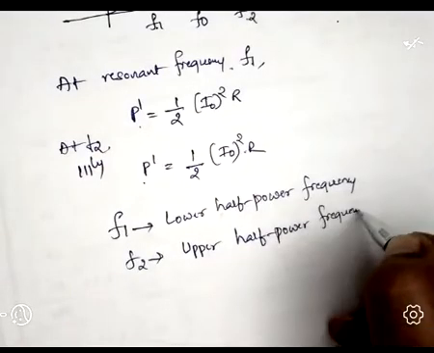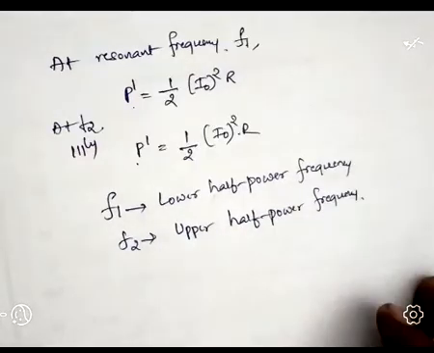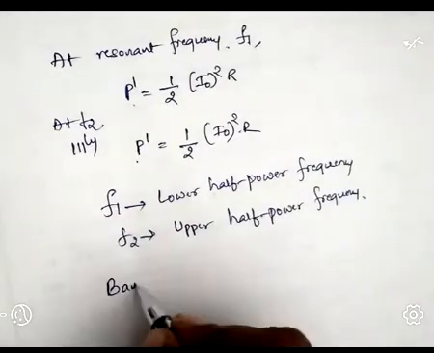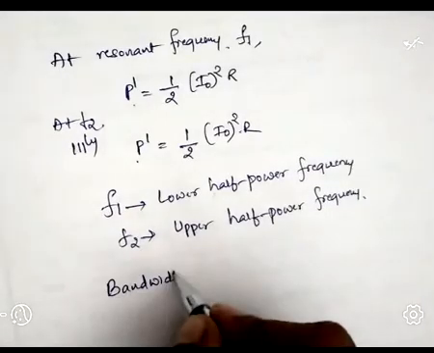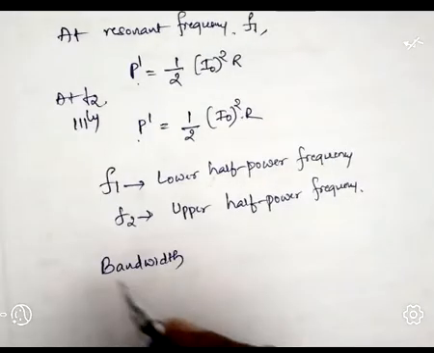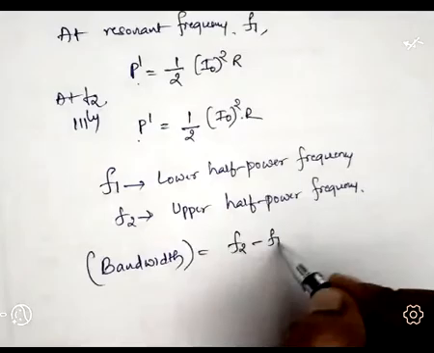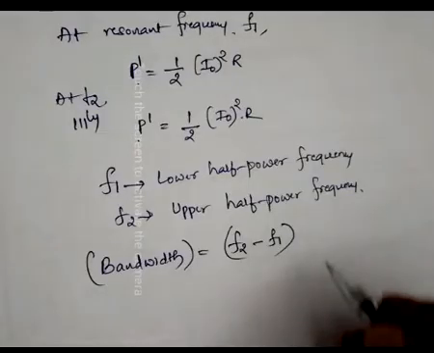Okay. According to the definition of bandwidth, the bandwidth of a series RLC circuit is what? It is the difference between the upper frequency and the lower frequency. Its SI unit is hertz.